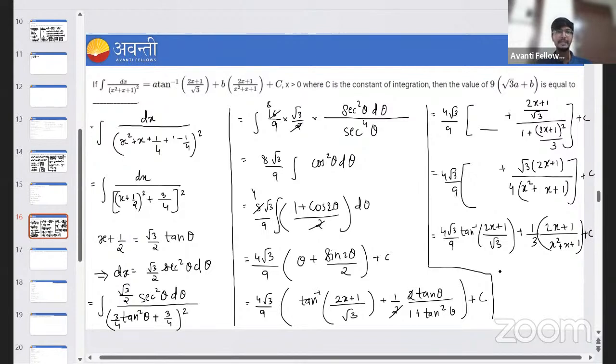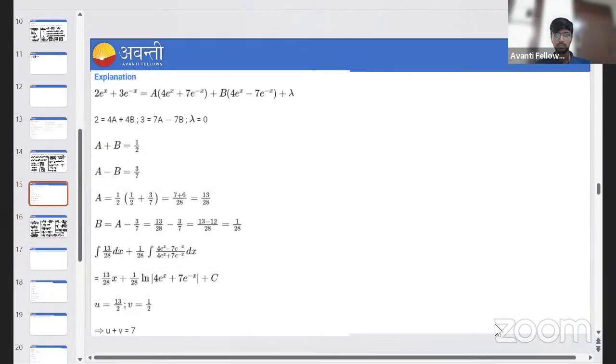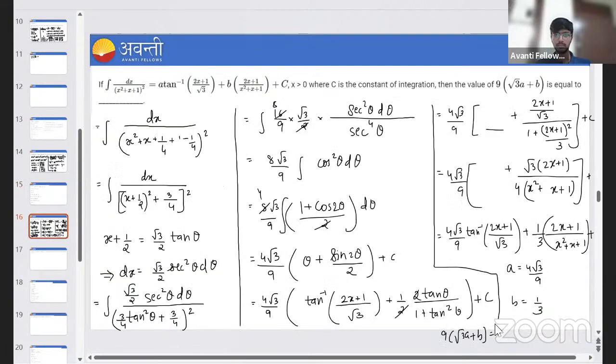So by comparing, A is 4 root 3 by 9 and B is 1 by 3. So what do they need? They need 9 times root 3a plus b. This will be equal to 1 second.